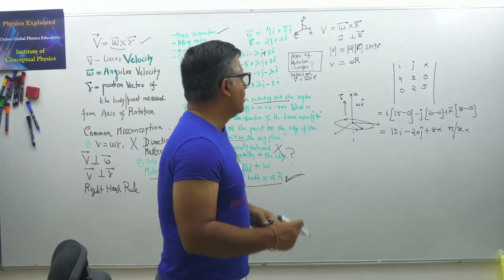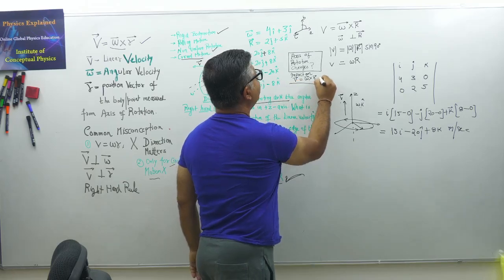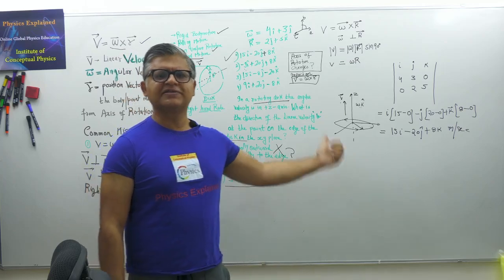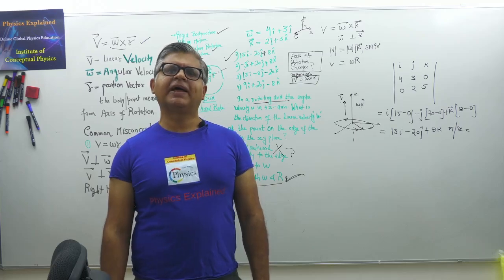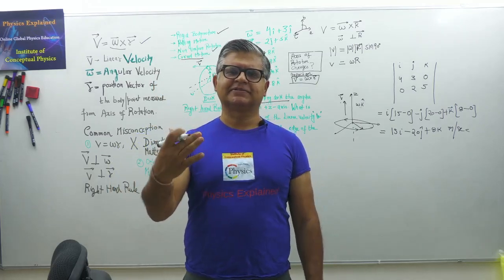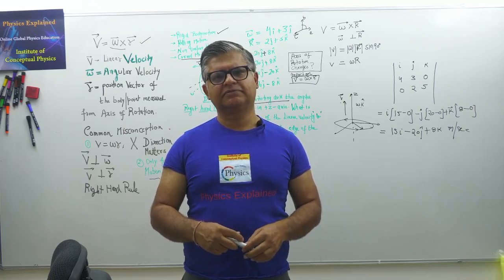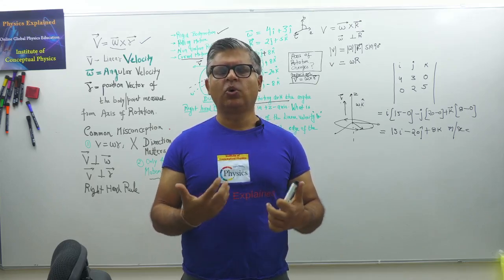Okay. The real answer is the rule of V is equal to omega cross R. V is a vector. That does not change. You can still apply it. Changing the axis means you're changing the value of R, the position vector. And therefore, you will get a different V. That is the only difference.